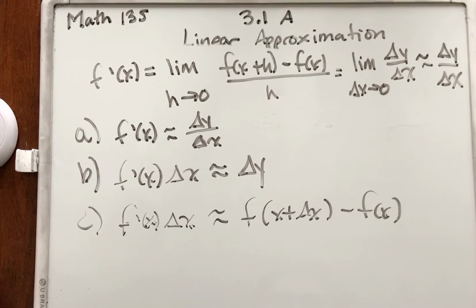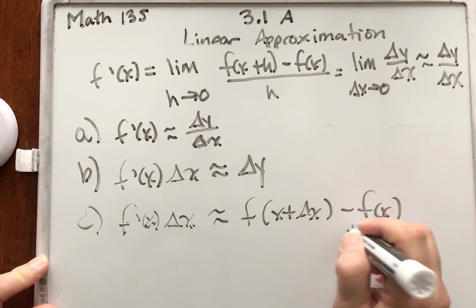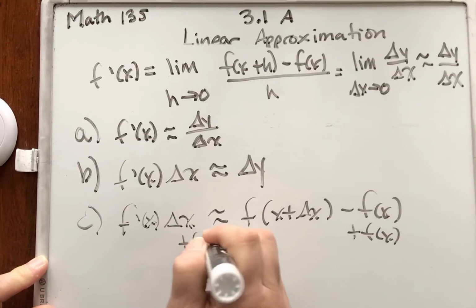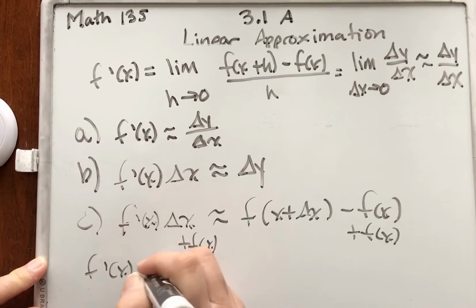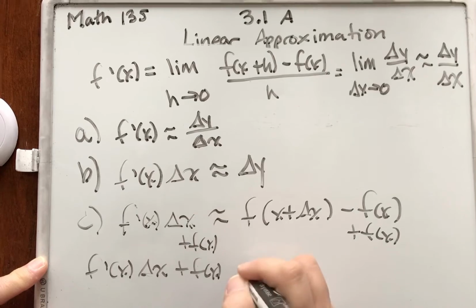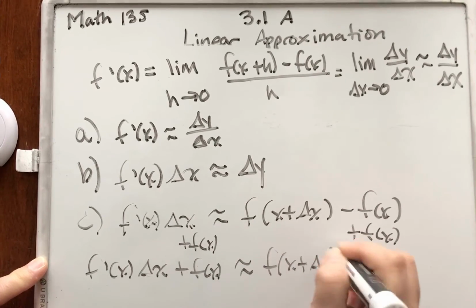Okay? Now, from here, where can we go? What if we add f of x to both sides? So I'm going to add f of x. Okay, so we have f prime of x, delta x, plus f of x is approximately f of x plus delta x.